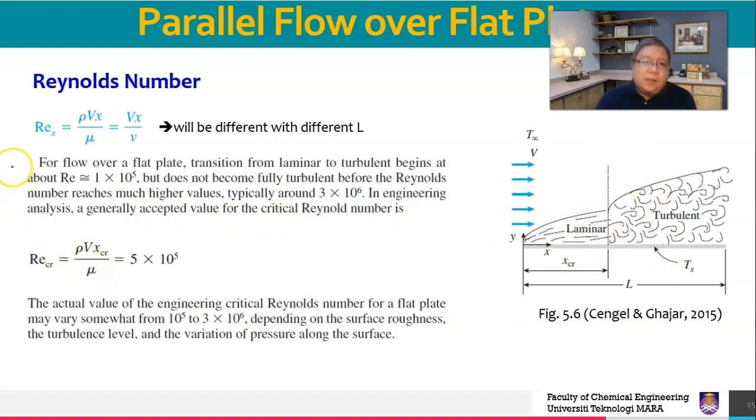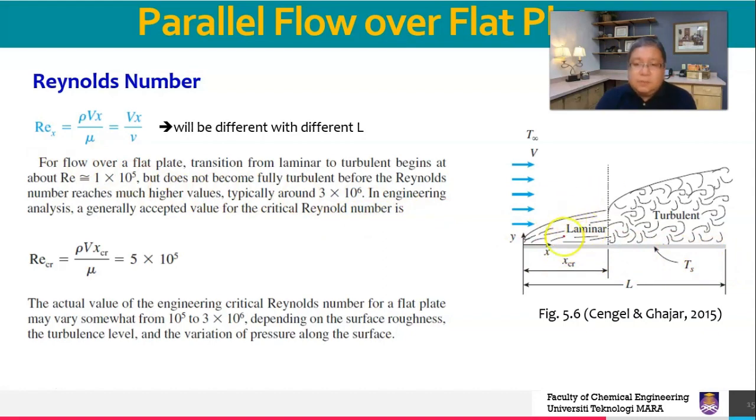So this will be the Reynolds number. The Reynolds number is based on the point of interest. For example, if you have Re_x, we are referring this Reynolds number to a specific point within the length of the plate.